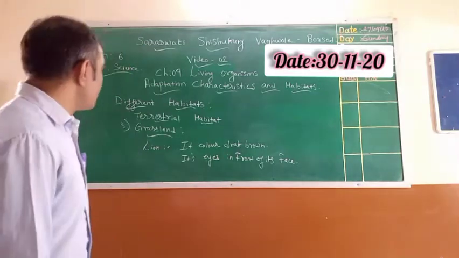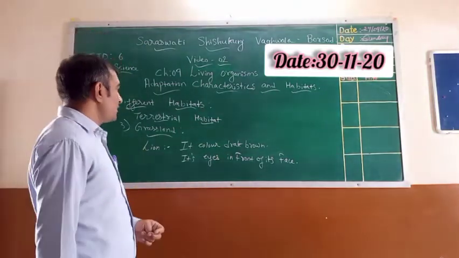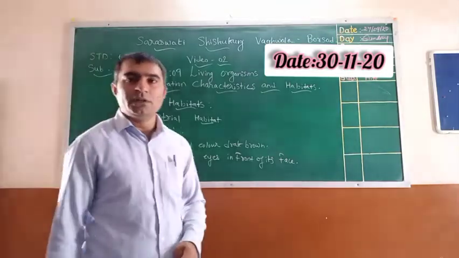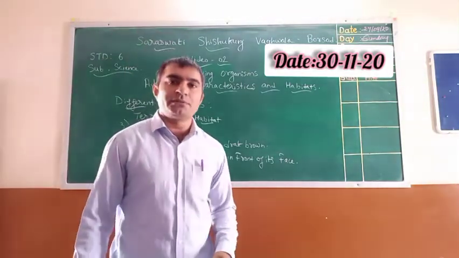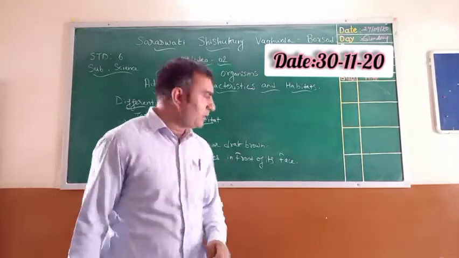So these are the main features of the lion to survive in grassland or forest. Its color is dark brown, and its eyes in front of the face help it have a correct idea about its prey for food, right?